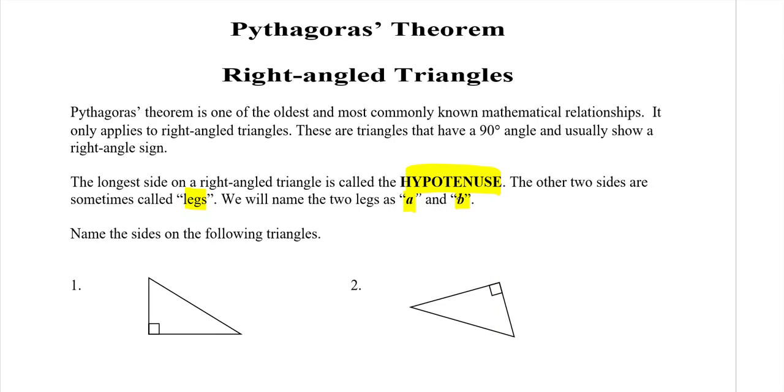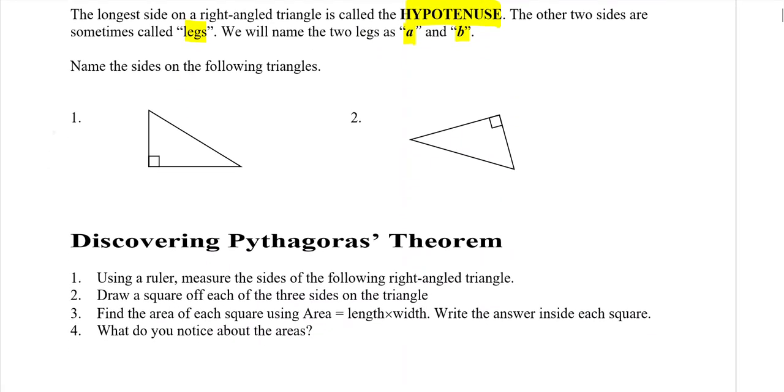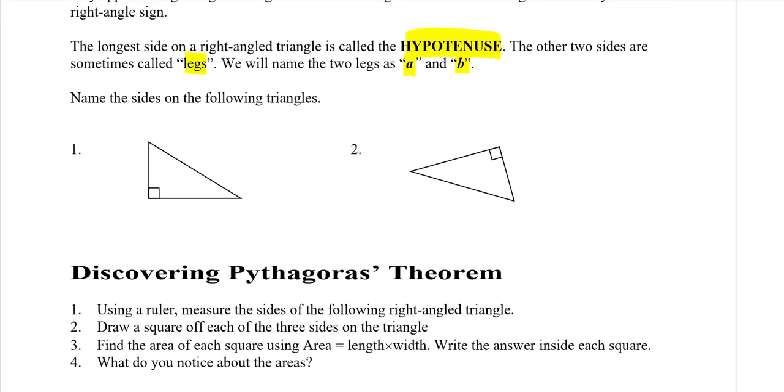Okay, so just to practice, in these first few triangles that you see here, it says name the sides on the following triangles. So the first thing I want you to do is find that hypotenuse. To find the hypotenuse, you look for your right angle. Here's the right angle. And the hypotenuse is the one straight across from that. Now I'm just going to call it H, H for hypotenuse.